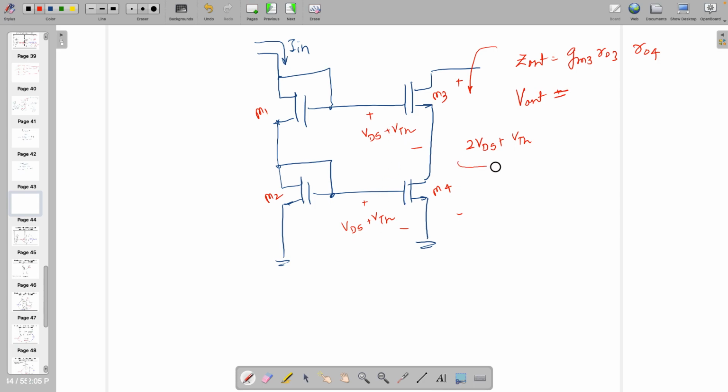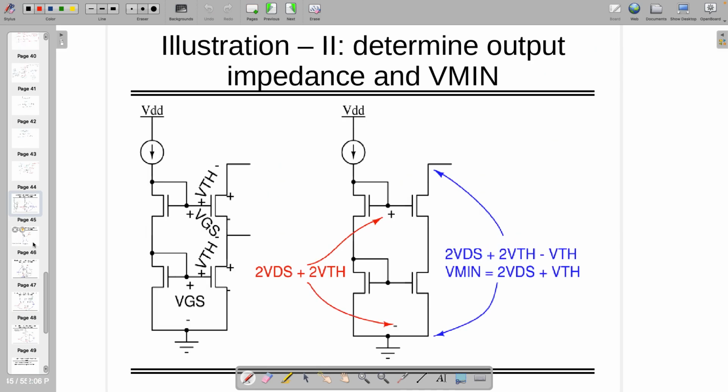So that's 2 VDS plus VTH. Depending on technology and other things, VTH is changing. However, VDS we are trying to achieve more than 250 millivolt, just to make sure that this transistor stays in saturation and gives the required value of the current or voltage or whatever you want, right? So this is what we studied, so there is no problem in this.